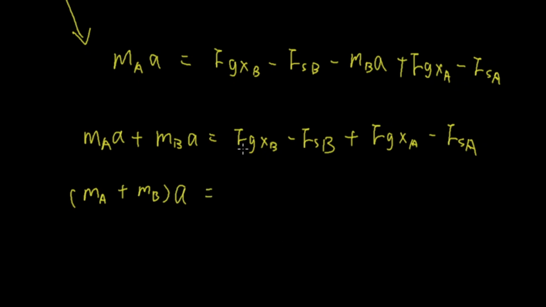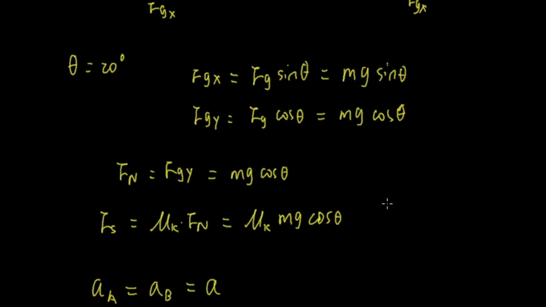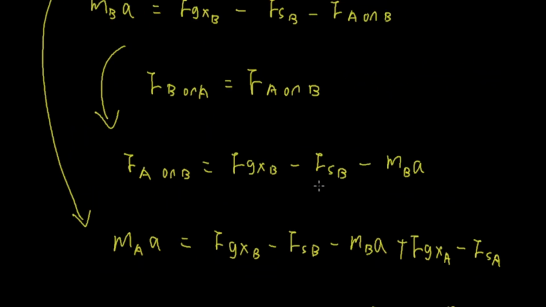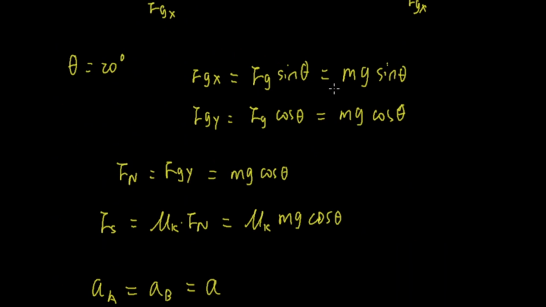Now, I would just write all these terms into the formulas that I just calculated here, right? Okay, so F sub G X B, that would be M sub B G sine theta, right? Because that's the formula. Yeah, sine theta.